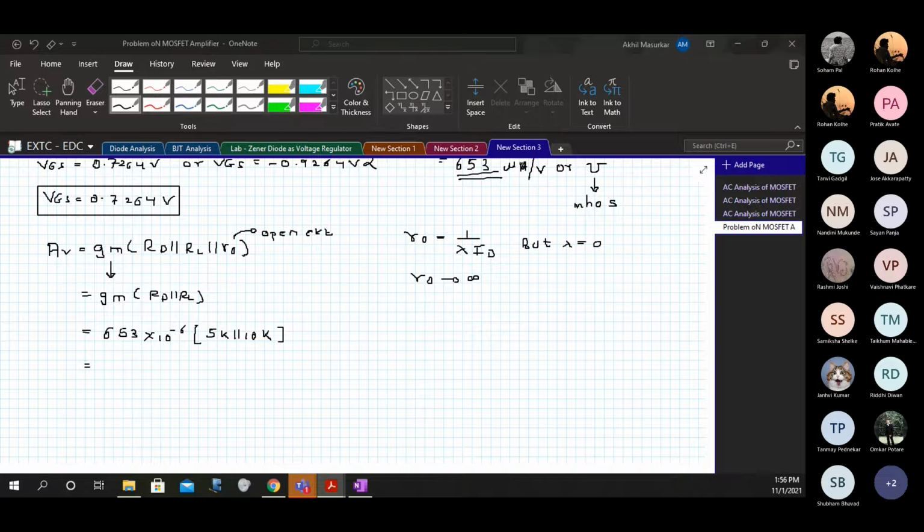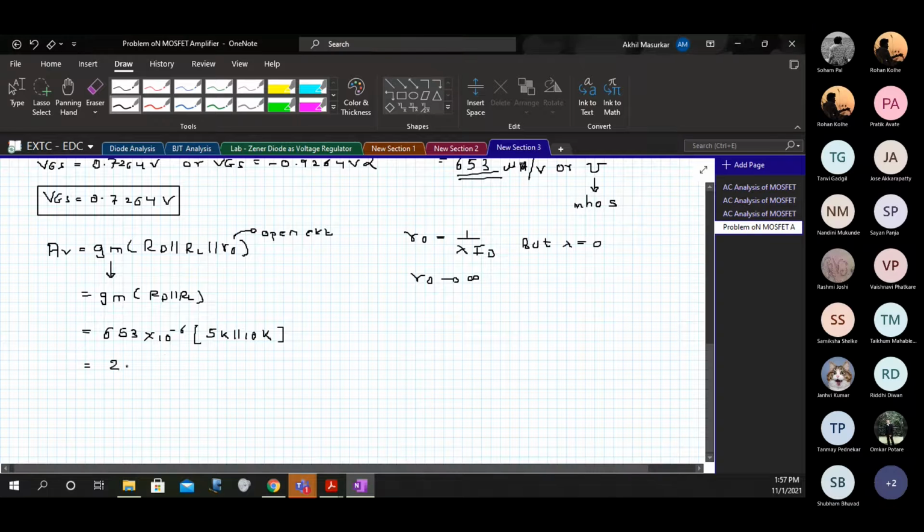What is the value of gain? Come on, tell me quickly. 2.176, correct. 2.1767.